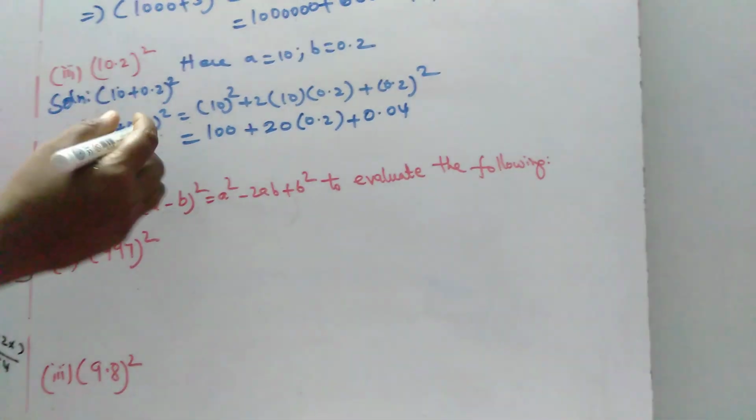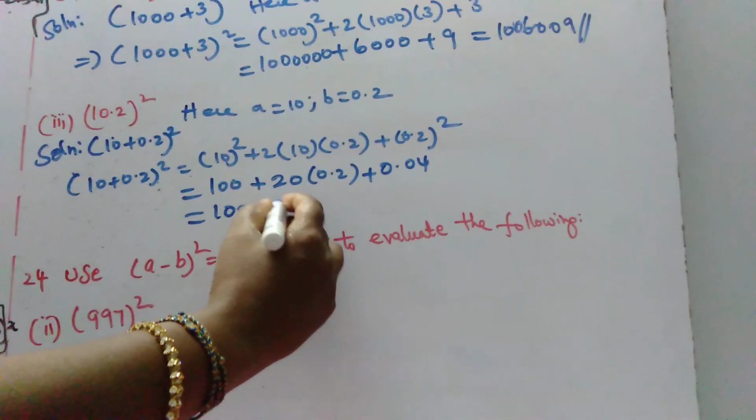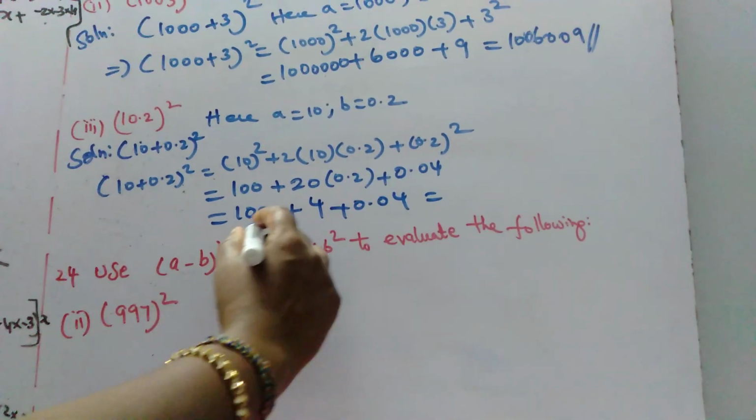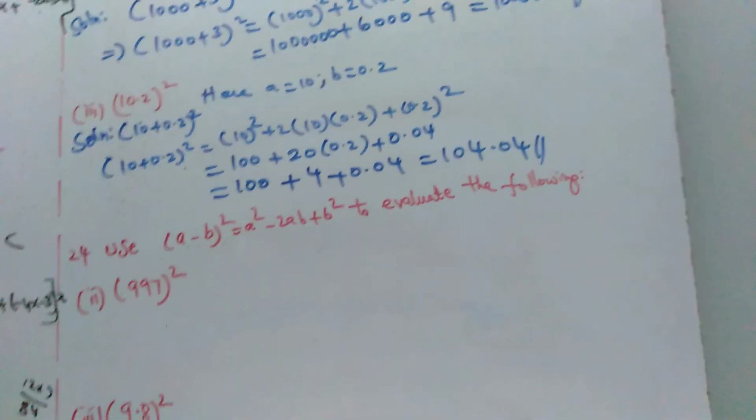Okay. So which will become 100 plus 4 plus 0.04, which is equal to 104.04 is the solution.